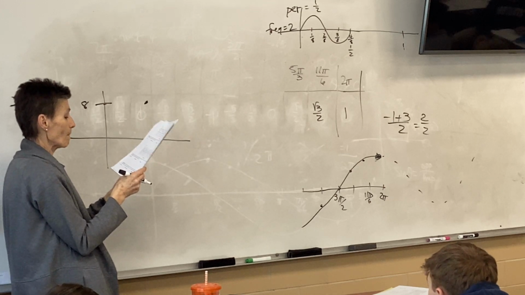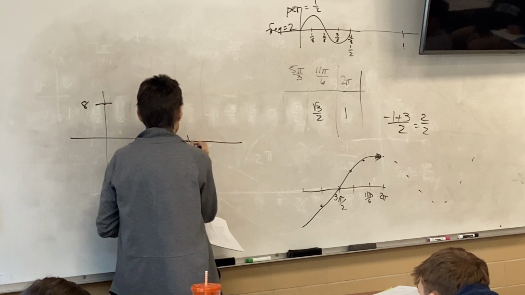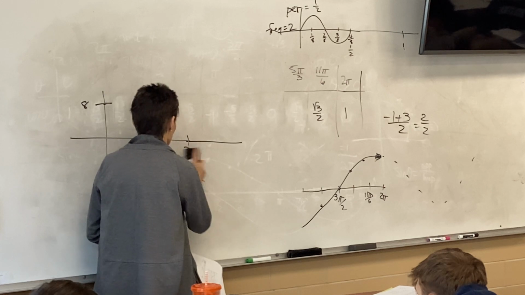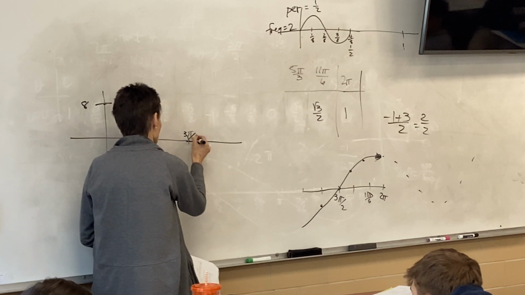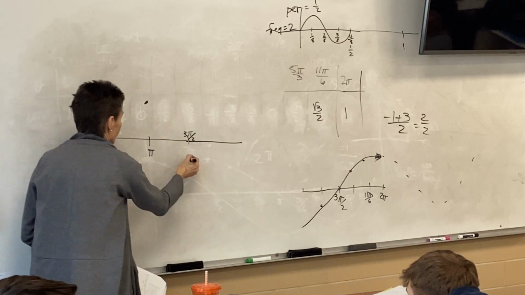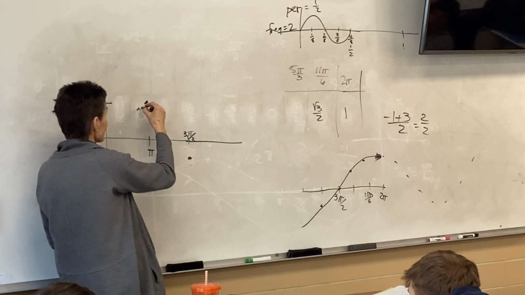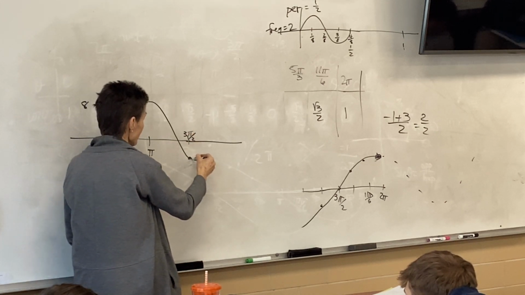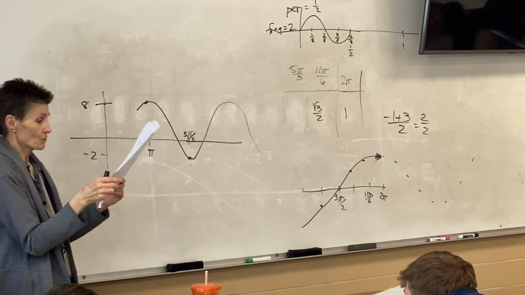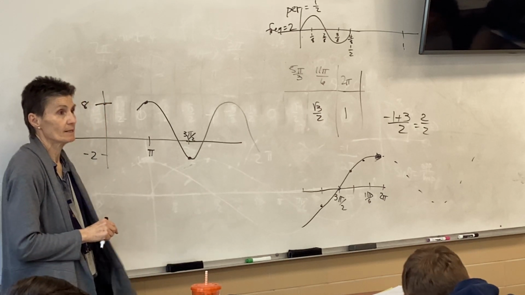The first minimum after reaching this is at 3 pi over 2, -2. Okay, so this is the maximum, this is the minimum. Okay? So can you tell me what the period of this is?